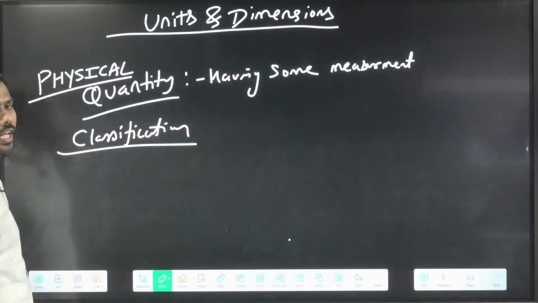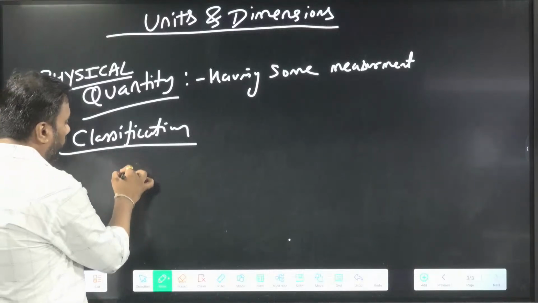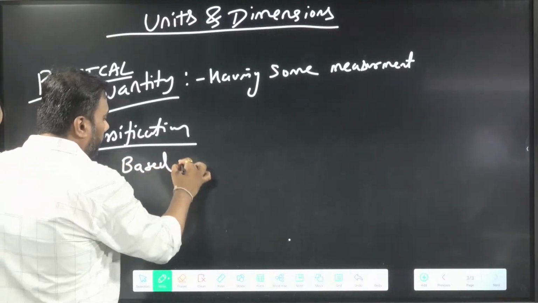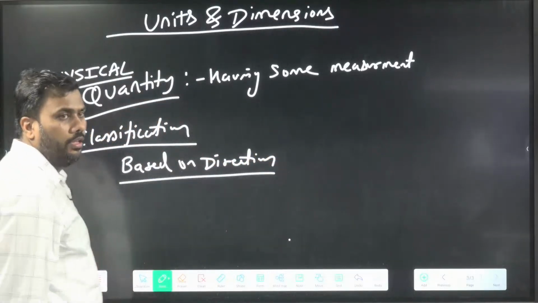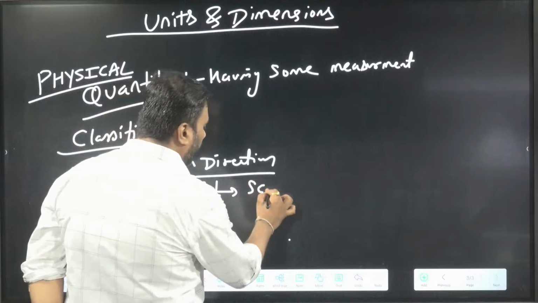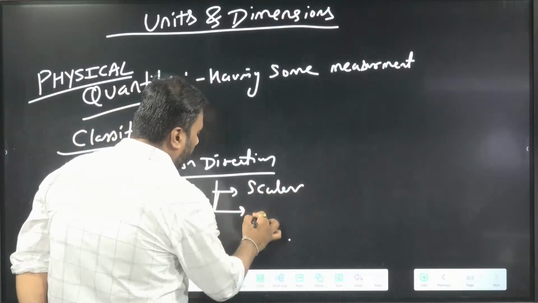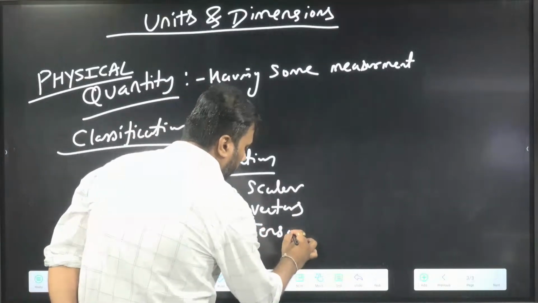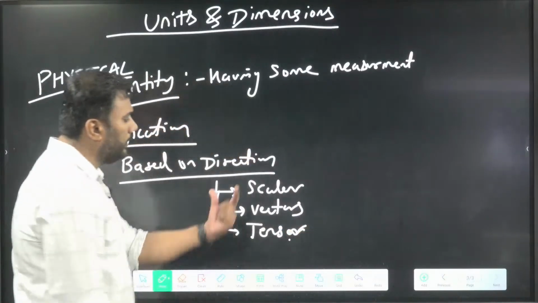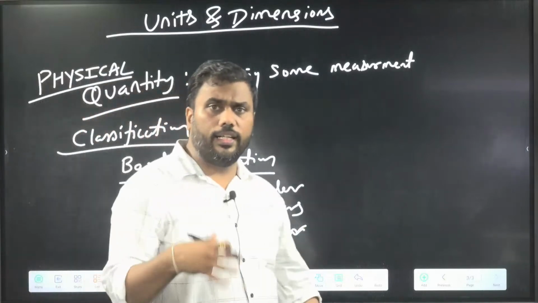There are many ways of classification of physical quantity. Based on direction, they can be scalar, they can be vectors, or they can be tensor. Only scalar and vector are predominantly in our syllabus.